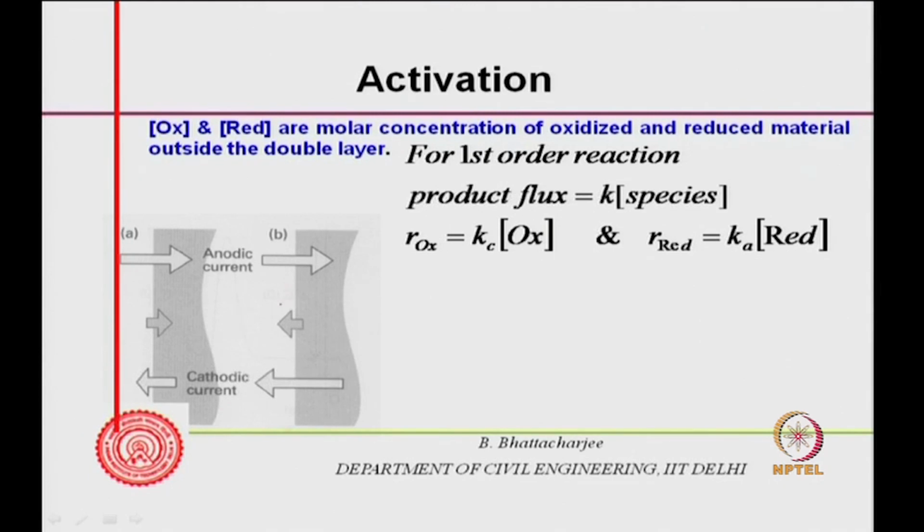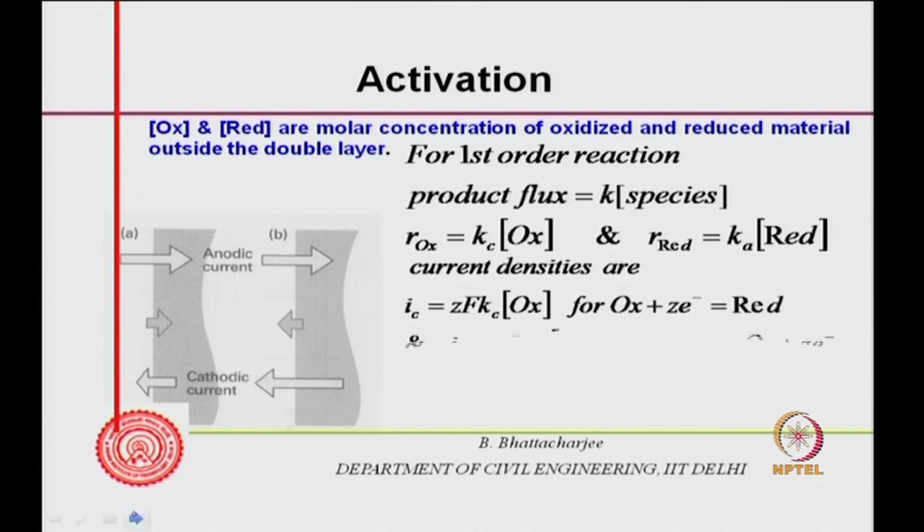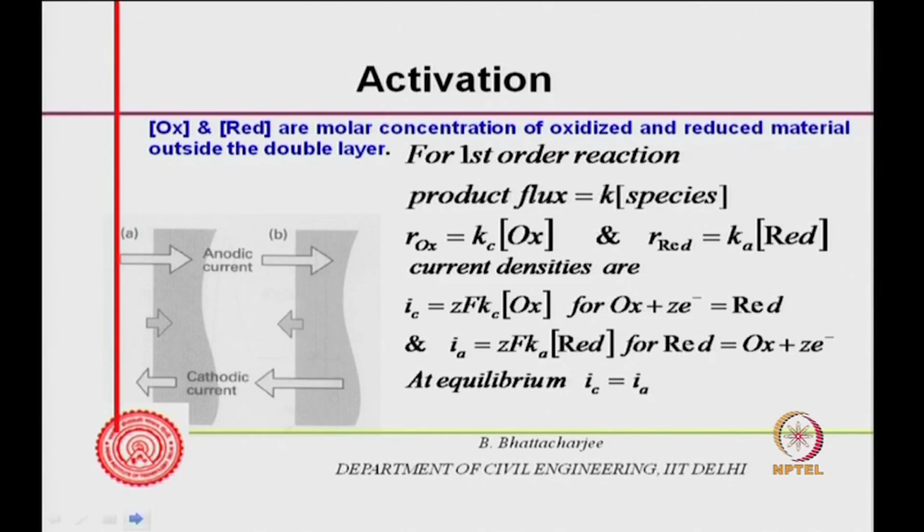At any metal place, both anodic and cathodic currents work simultaneously, and the net current will be the difference between these two. The anodic current will be like this and the cathodic current like this, and at equilibrium these two currents are the same.